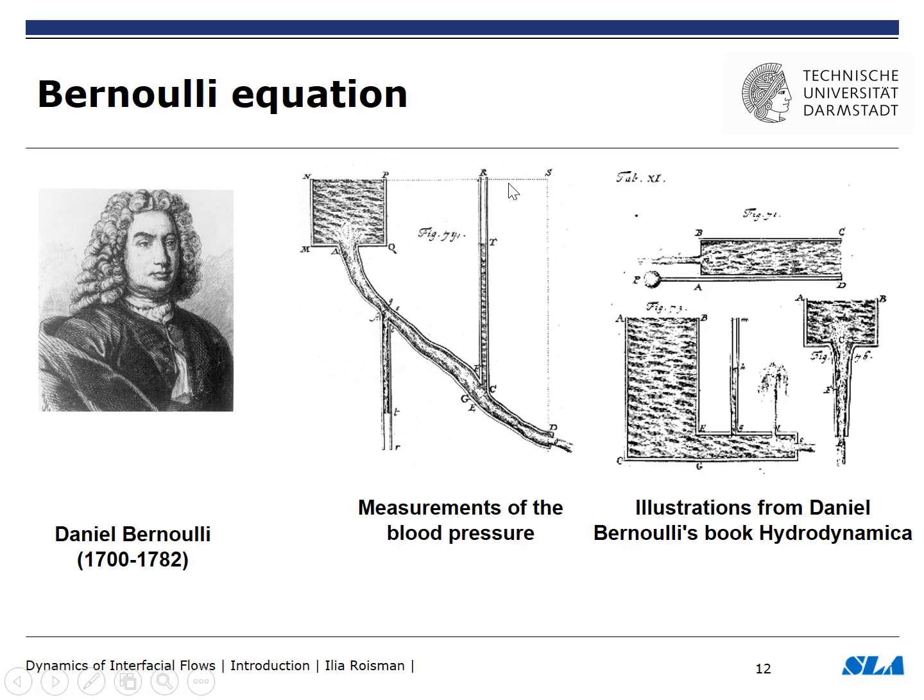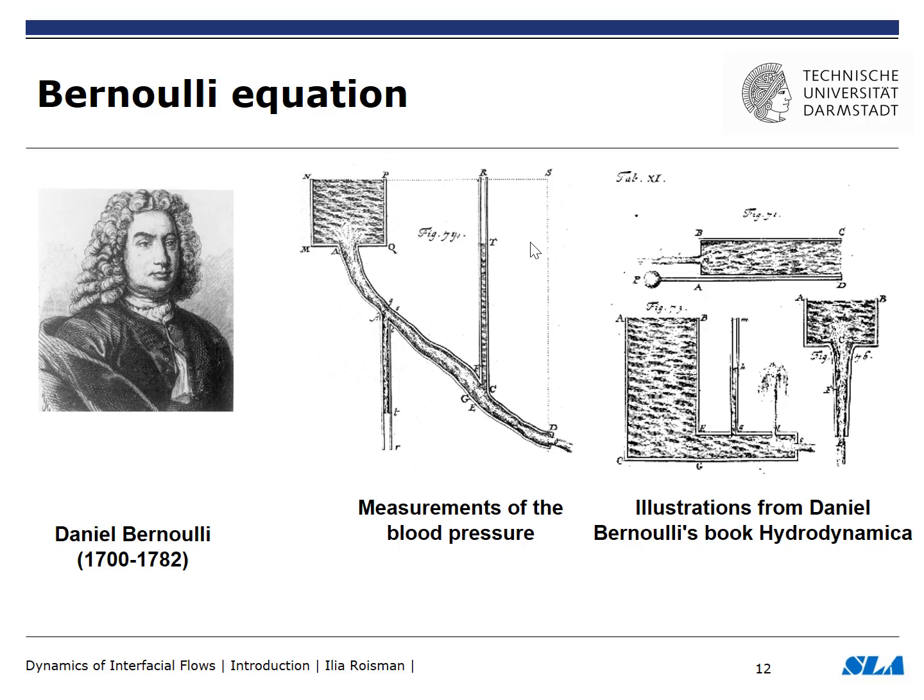So you see this example actually. To measure blood pressure with his apparatus, you need to make a hole in your body, and then you really measure in the glass tube the height of your blood, okay, to measure the blood pressure.